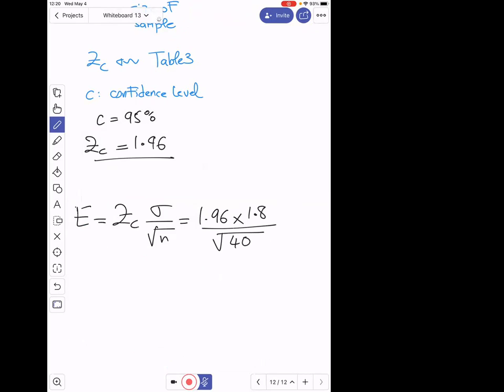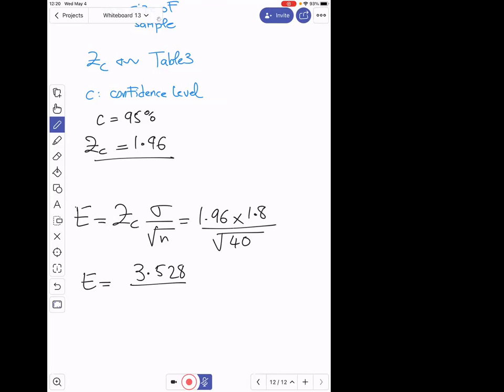All right, let's complete this. I don't really have the details of the computation, so I need to do it now. It's 1.96 times 1.8, which is 3.528.